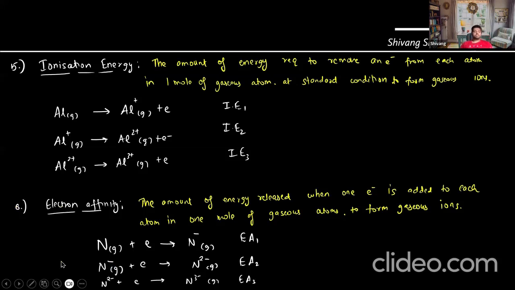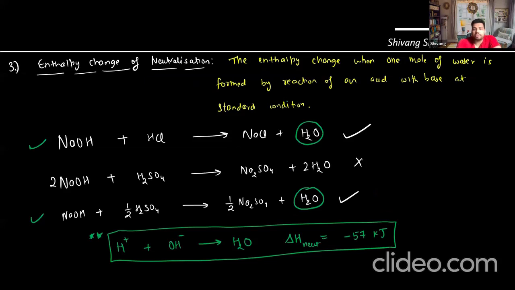Fine. So these are the 6 enthalpy changes which you have to know if you want to solve those Hess's cycle, Born-Haber cycle and calorimetry questions very easily. These are used again and again, and you will need to be very comfortable with the equations you have to write.